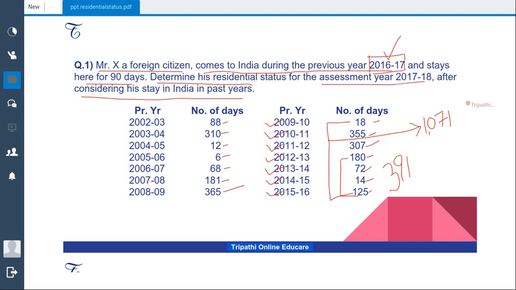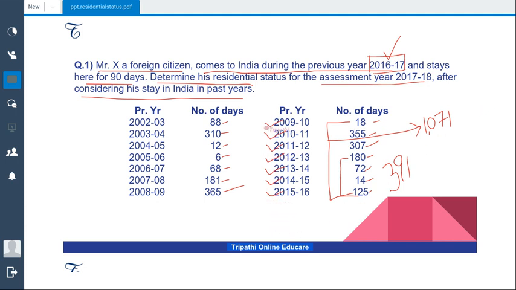Now, how to find out resident of India? Whether Mr. X is resident of India or non-resident of India? For that, you should remember the basic condition. So we are looking for resident of India or non-resident of India for 10 preceding previous years.